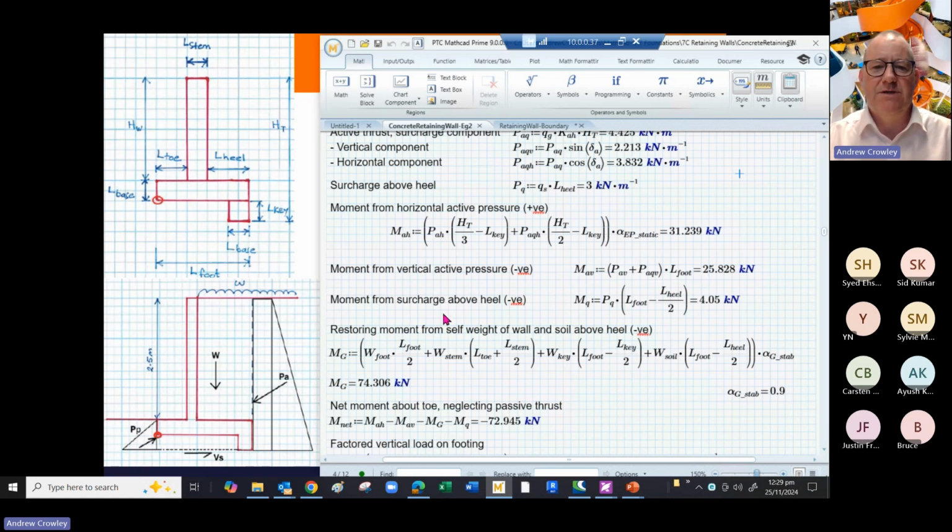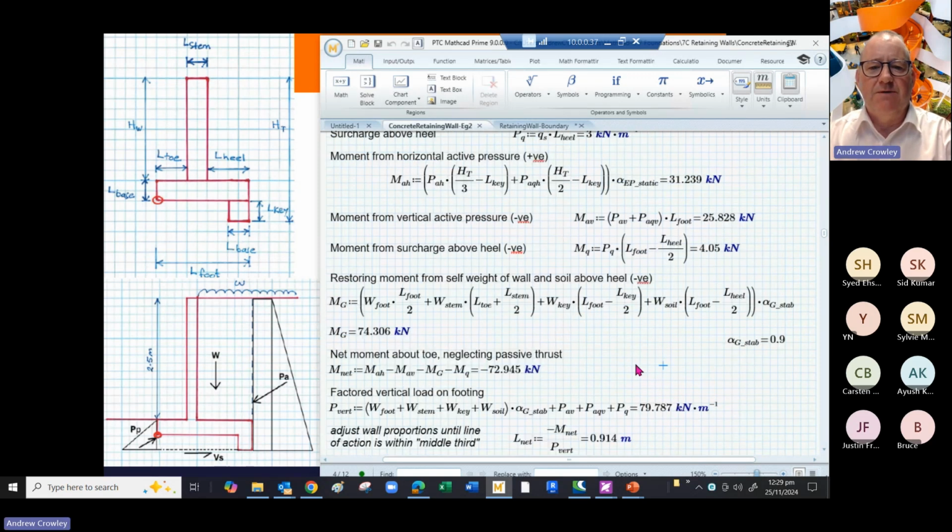And the moment from the surcharge soil above the heel, and again that's restoring, is 4.05. So the full restoring moment from the self-weight of the soil and the self-weight of the wall, if you multiply the weights by the lever arms by the stabilizing factor, in this case 0.9, works out as a restoring moment of 74 kilonewton meters per meter.